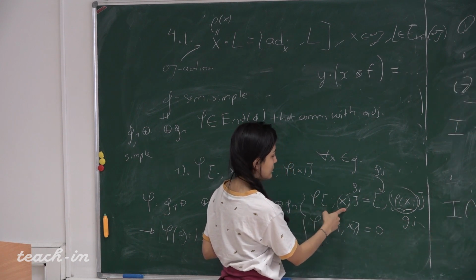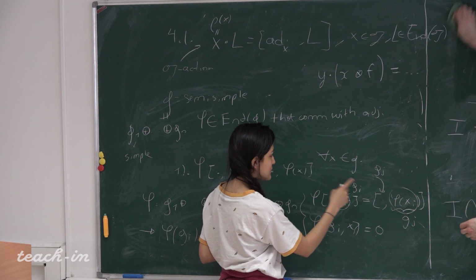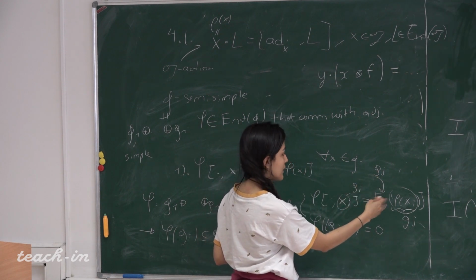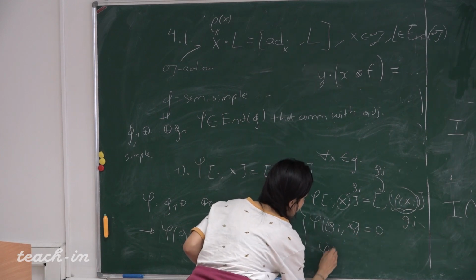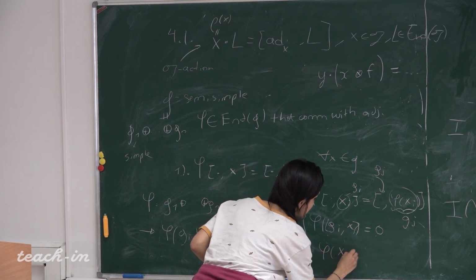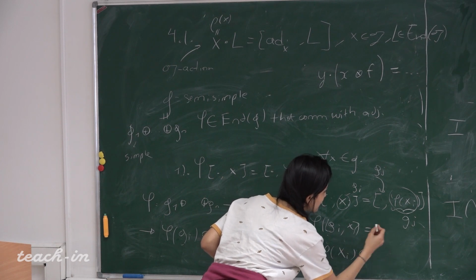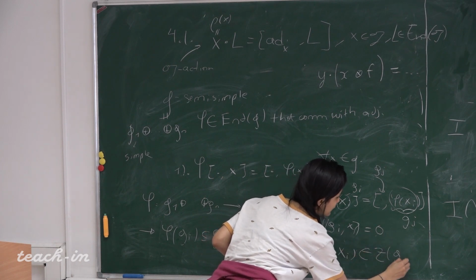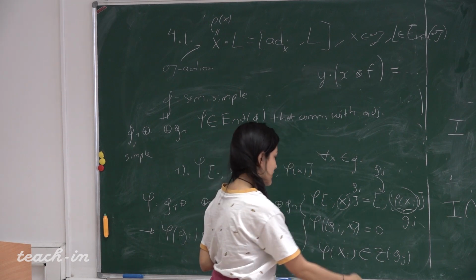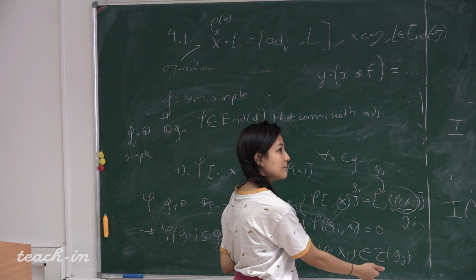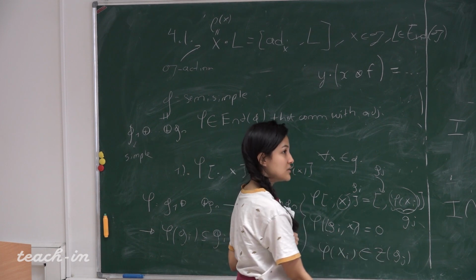Phi of 0 is 0. For any element, it doesn't matter which thing we plug in here, this bracket will be 0. So phi of this xi would be in the center of Gj. But this cannot be the case, because Gj is simple.